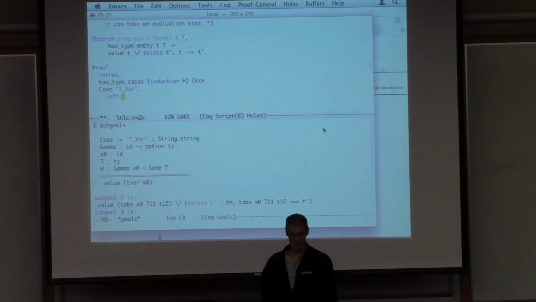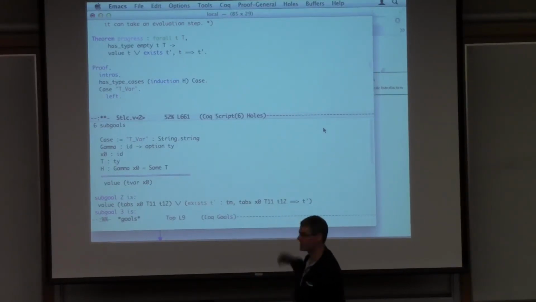Yeah, so that's a good intuition. Where does that intuition come from? Maybe it comes from looking at the local context and observing that the thing we're trying to prove just doesn't look provable.